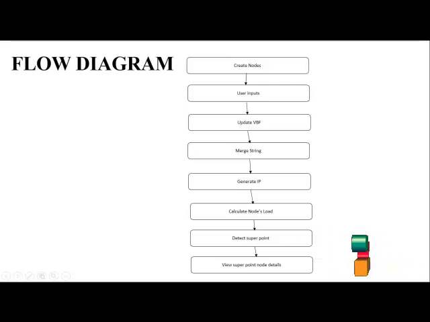We calculate the node hash bits, and when we merge the string and then generate the IP, we can detect the superpoints. After we detect the superpoints, we show the superpoint node details, what all the packets they send, and the port address and IP address of the superpoints. Then the flow will be completed.